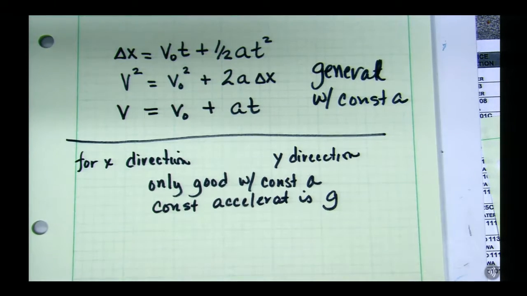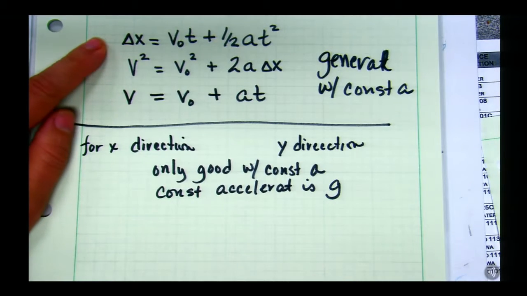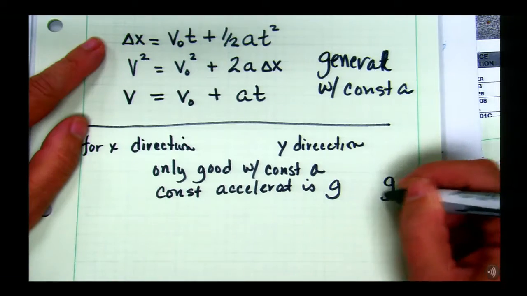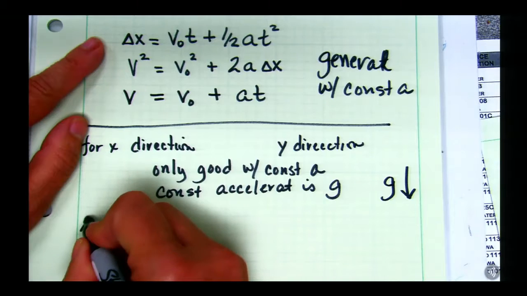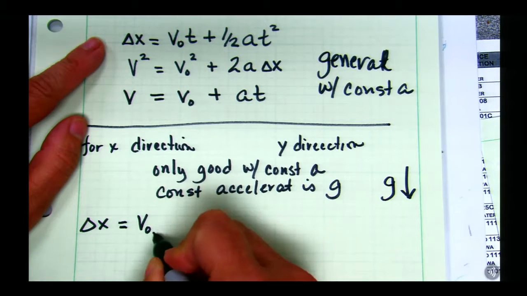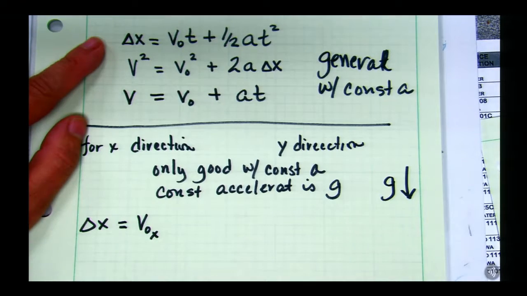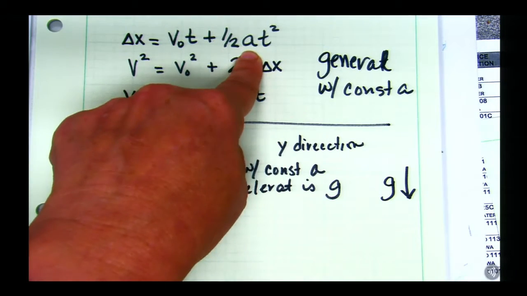So if I do that, I look at my change in x. If my only acceleration is due to gravity, gravity is only in the y direction. So what happens is I get a change in x equal to my initial velocity in the x direction times time. I have no acceleration in the x direction, so I don't have that term.